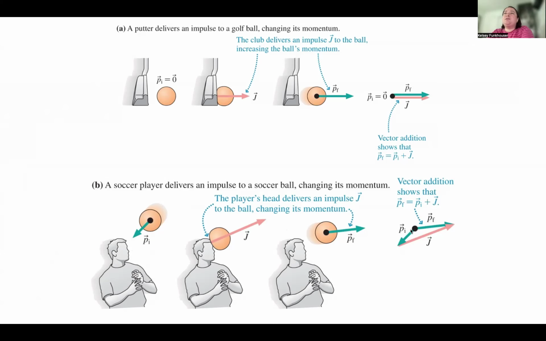This time we have to find the change in momentum, which is the impulse. And you can see that this version of the vector diagram is not what we usually use, but you could rearrange it to be P final minus P initial, and get the impulse also. We can draw that, not right now.